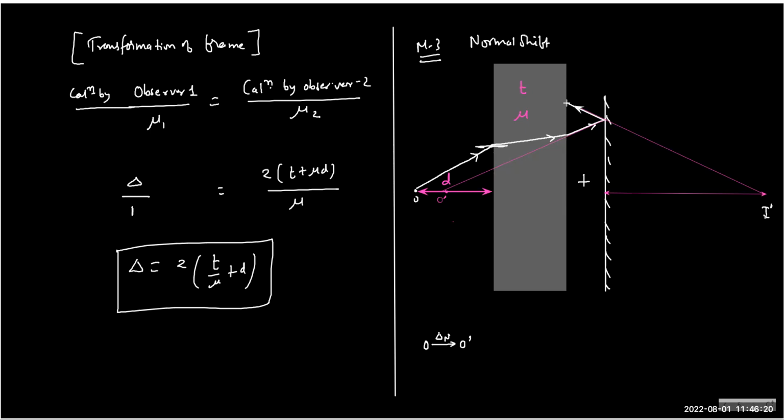And then after hitting this mirror, the slab again, the light ray will bend like this. So any observer on this side will actually see this ray. And this ray will appear to be coming not from I dash, but from this position.